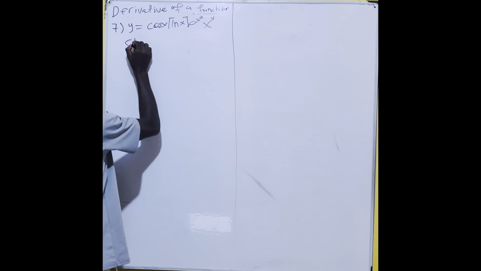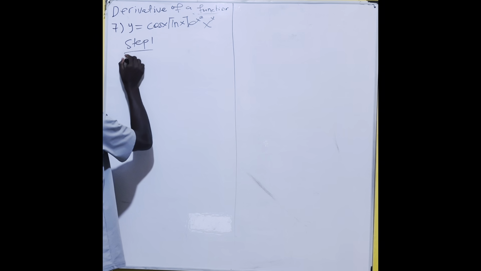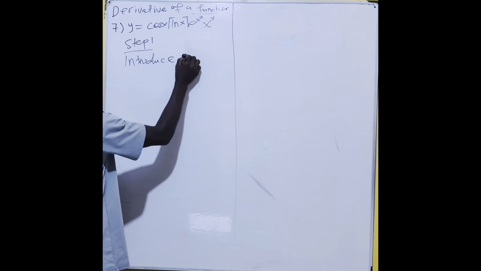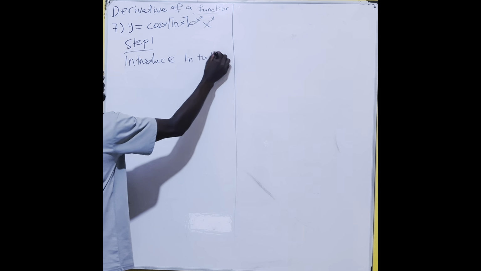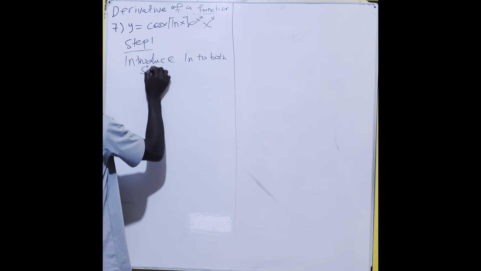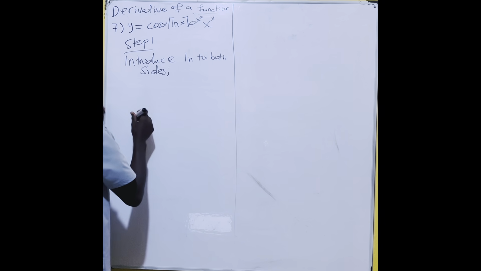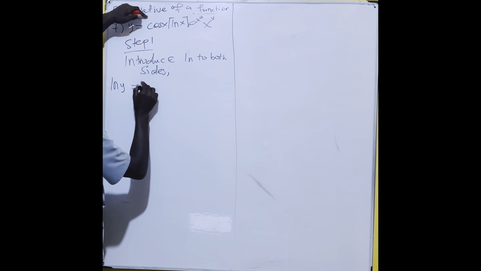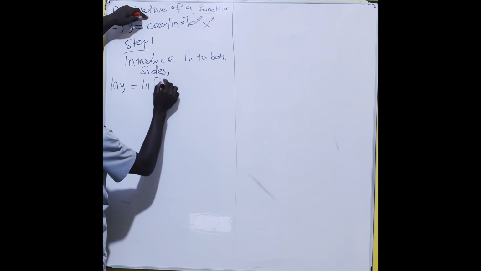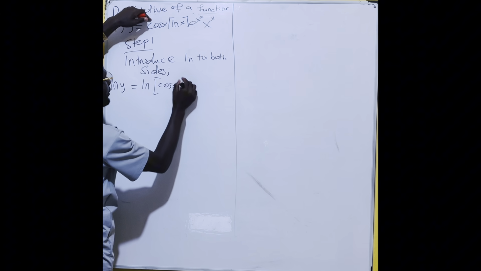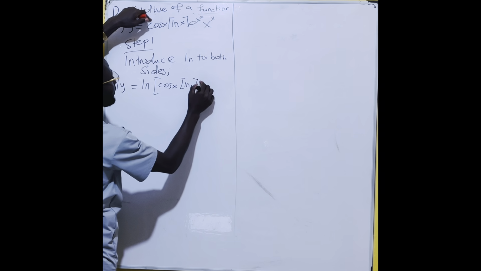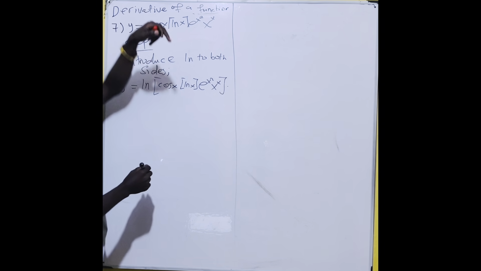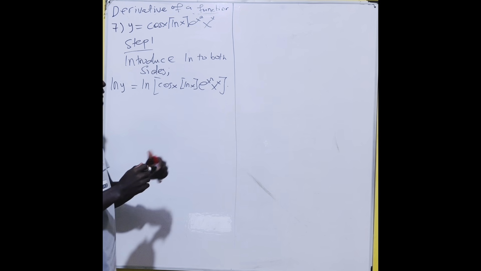So step 1, introduce ln to both sides, right? So we have ln y equals ln into cos x ln x e to the x squared x to the x, right? So this is what we have.